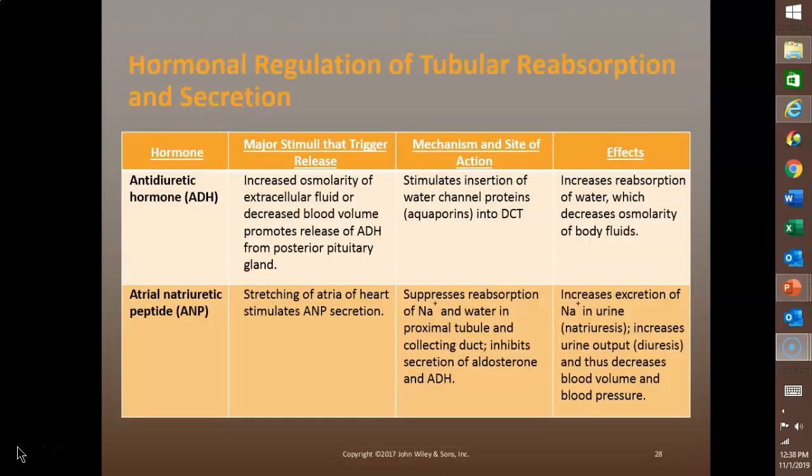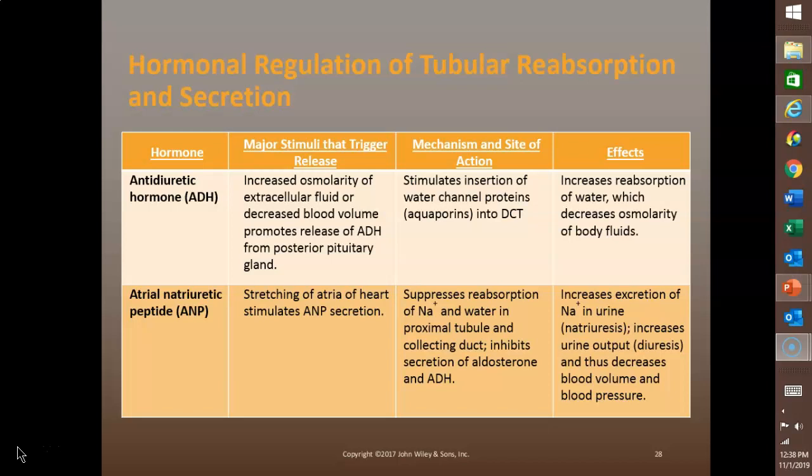Again, more familiar hormones. Antidiuretic hormone, also known as vasopressin, is released by the posterior pituitary, and it regulates that facultative water reabsorption by increasing the water permeability of the cells in the last part of the distal convoluted tubule and throughout the entire collecting duct. So when you don't have ADH, the cells in the last part of the distal convoluted tubule have a very low permeability to water.